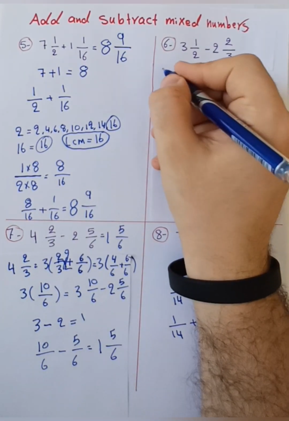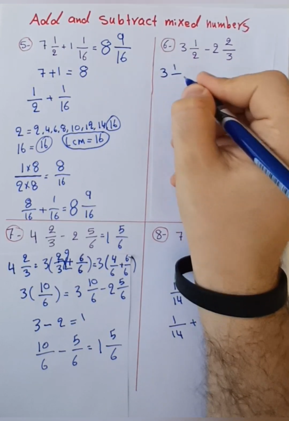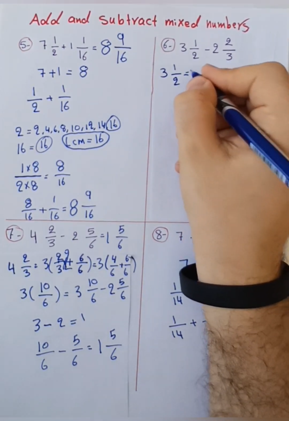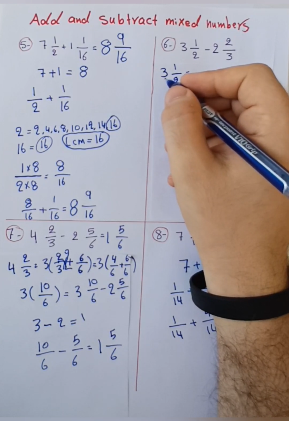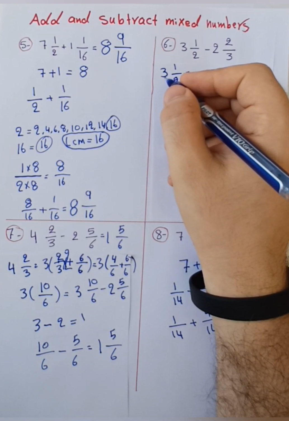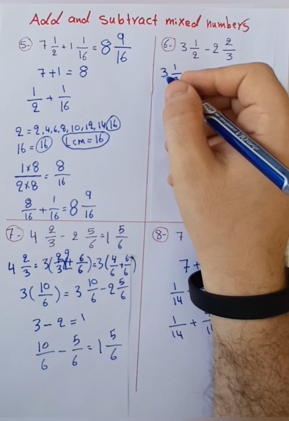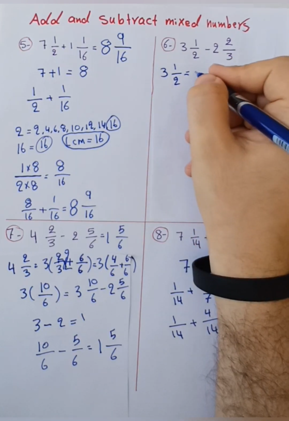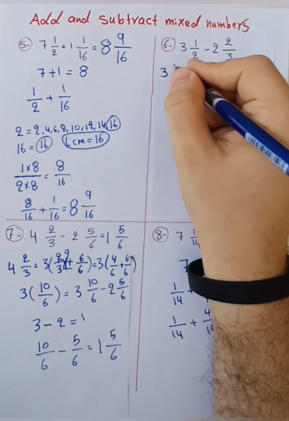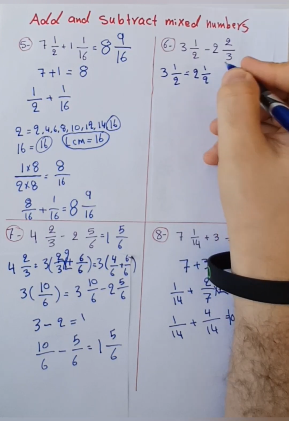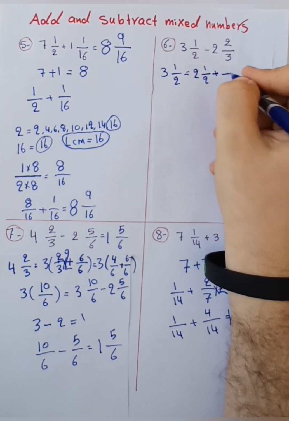We have 3 and 1 out of 2. We have to change this whole number. Always we have to subtract 1. 3 minus 1 is 2, and we have to write the fraction without change, plus the new fraction.